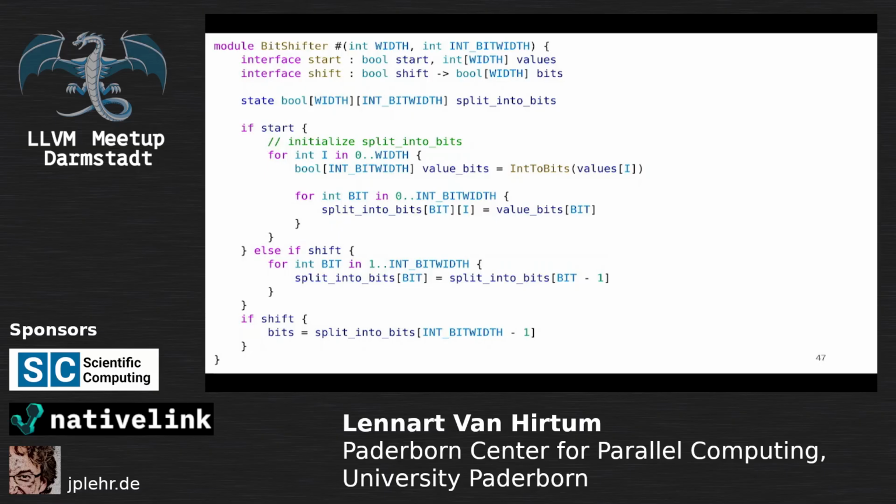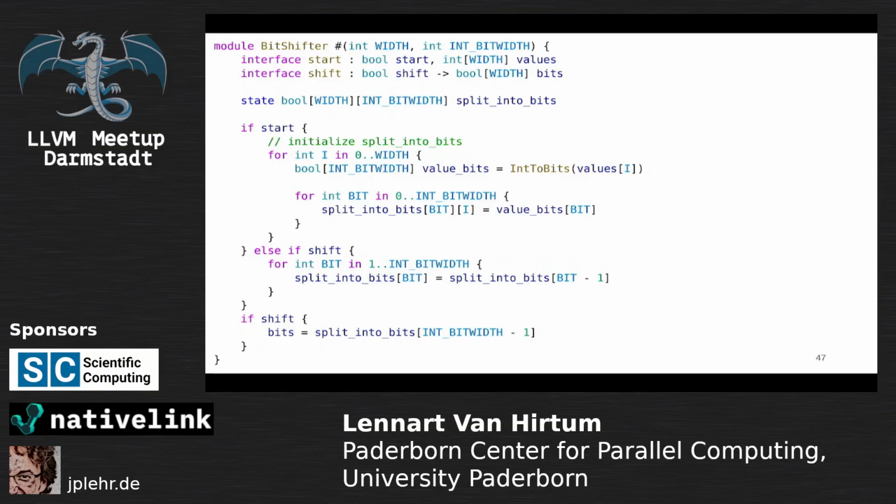Finally, we have the bit shifter. The bit shifter again has two interfaces: a start interface to basically reset it, and a shift interface to shift in. The shift interface has an input that says it should shift, and it produces the list of bits that is then fed into our bit serial state.